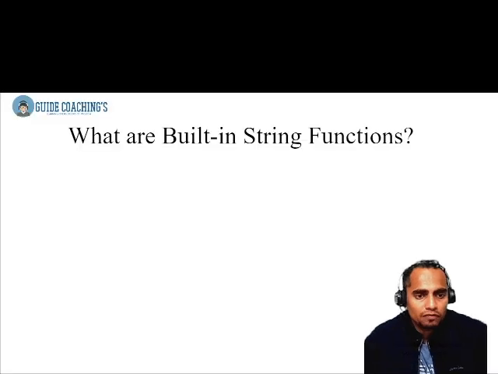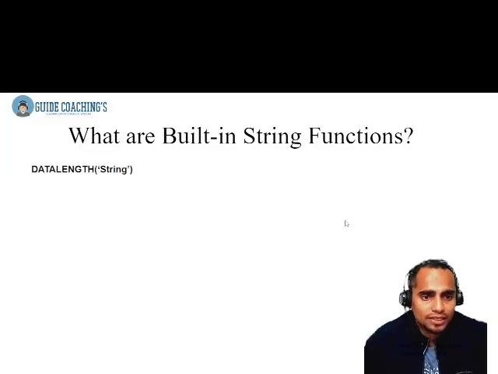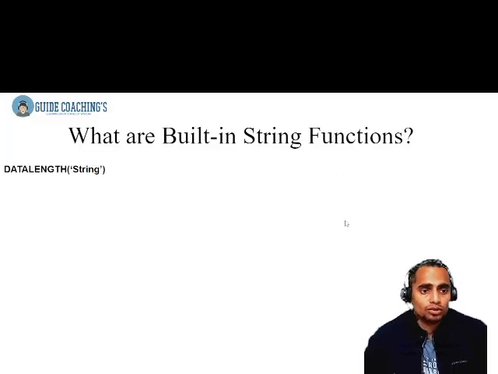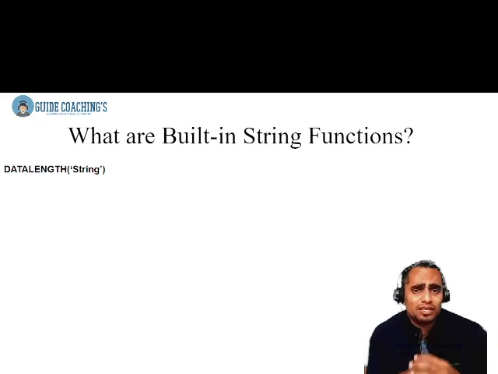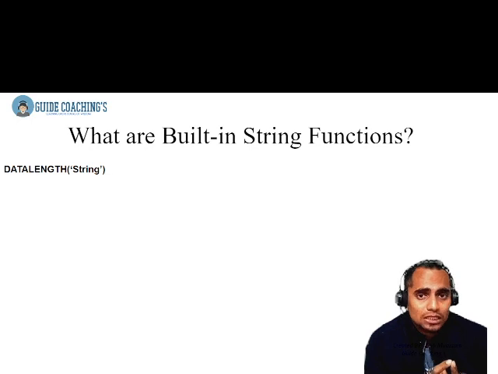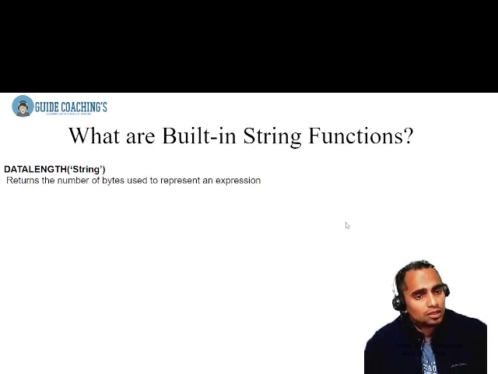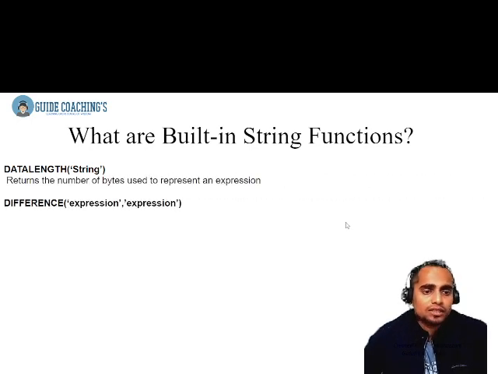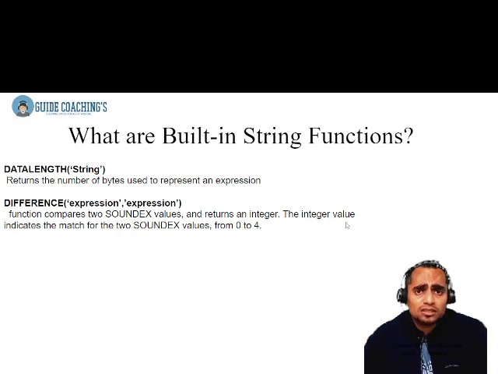Then we will go to our next function, that is data length. Whenever we give any string to the data length function, it counts the length of that particular string and gives us that length. Then we have difference. Difference simply takes two expressions and compares their soundex values.